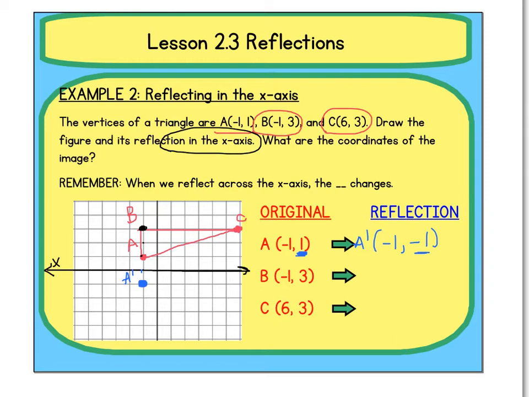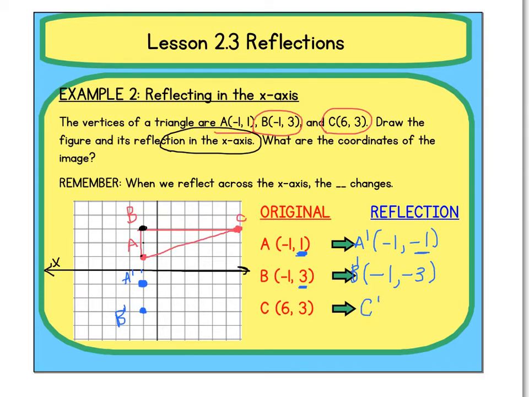So I'm going to go 1, 2, 3 units away and make a mark. Here is B prime. Now the only coordinate that should change should be my y. So I'm going to leave my x the same as -1, and I've got to do the opposite of positive 3, which is -3. If I check from the origin, I go to the left 1, -1, down 3. Down 1, down 2, down 3, which is -3.